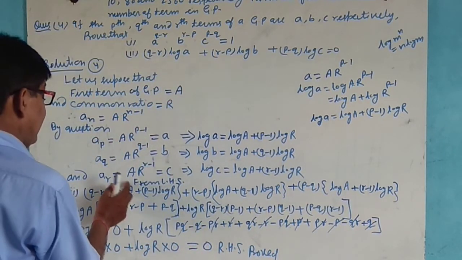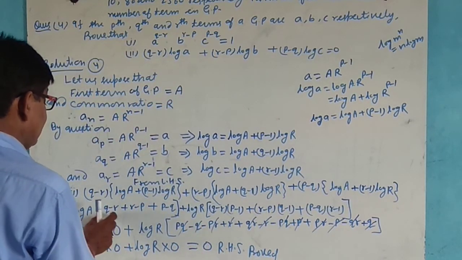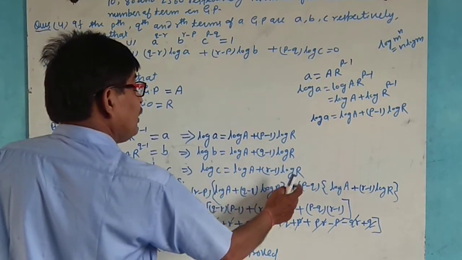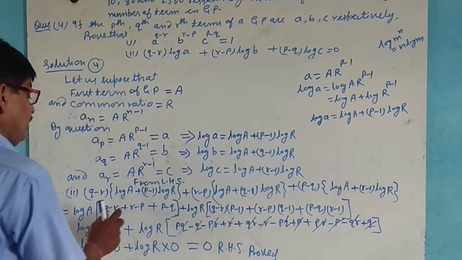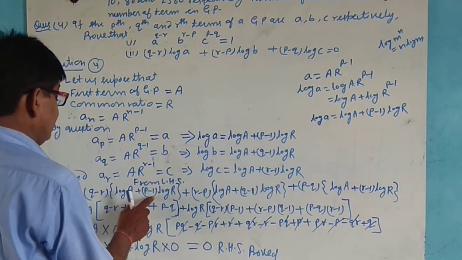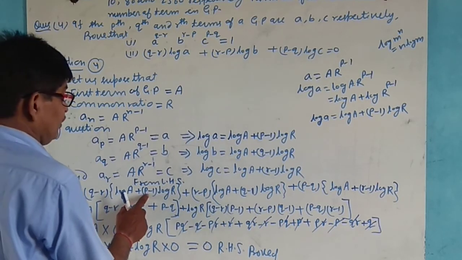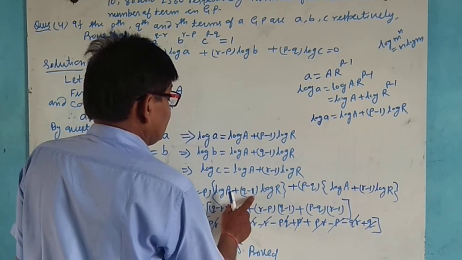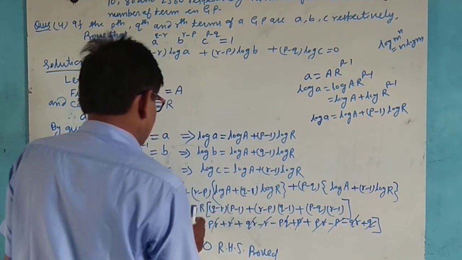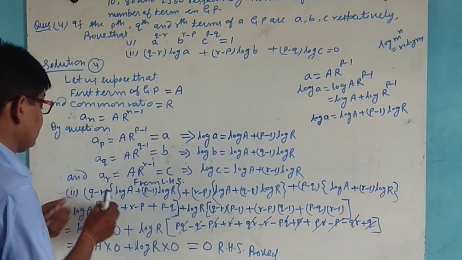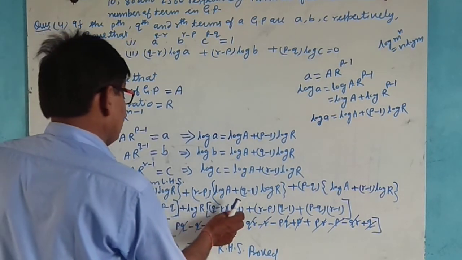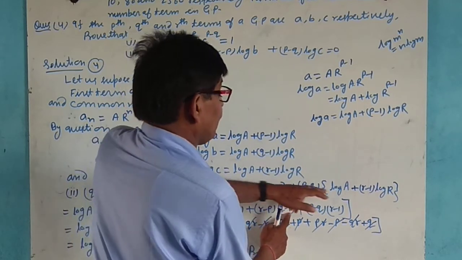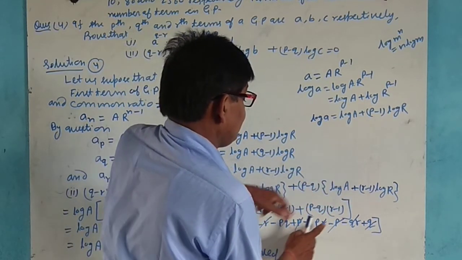Now log A common: (q minus r) plus (r minus p) plus (p minus q), and multiplying, log R common: (q minus r)(p minus 1) plus (r minus p)(q minus 1) plus (r minus p)... (p minus q).